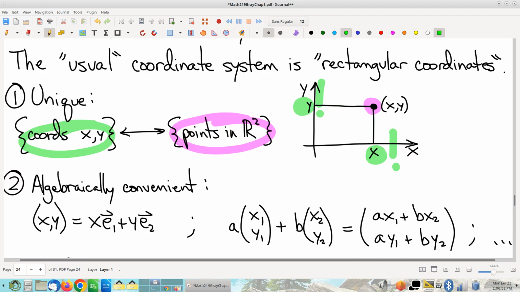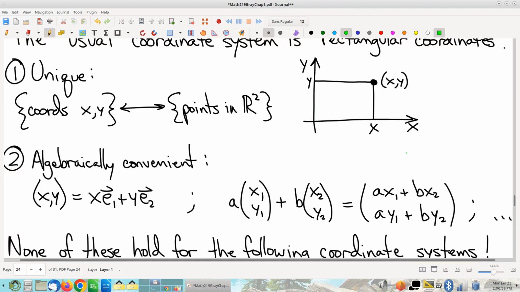All right. So another neat thing about rectangular coordinates is that the rectangular coordinates themselves are the coefficients you would use in a linear combination of the standard basis vectors to produce that original point.